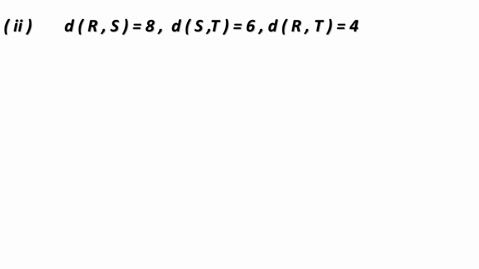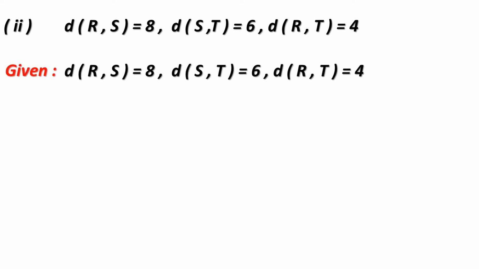Here we have the next question. Distance RS equals 8, distance ST equals 6, distance RT equals 4. Now here again we'll say that we have three distances, 8, 6 and 4.